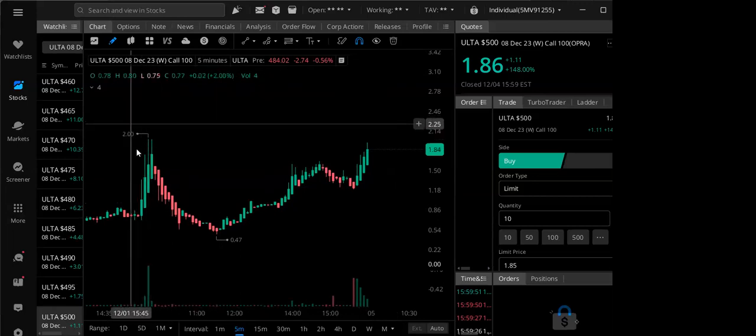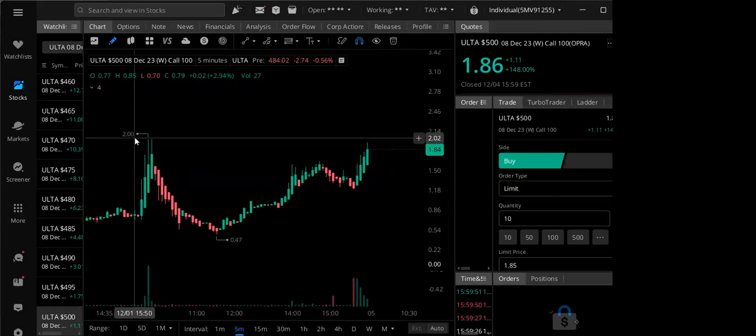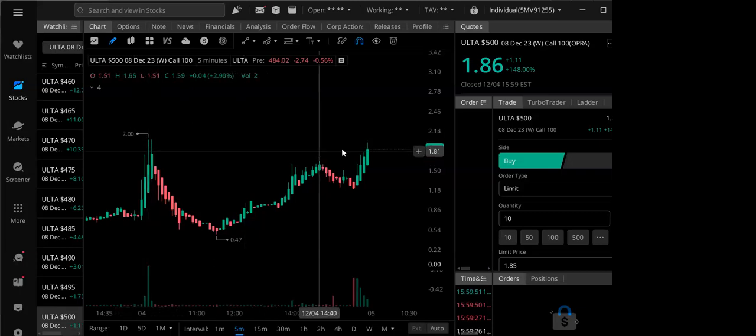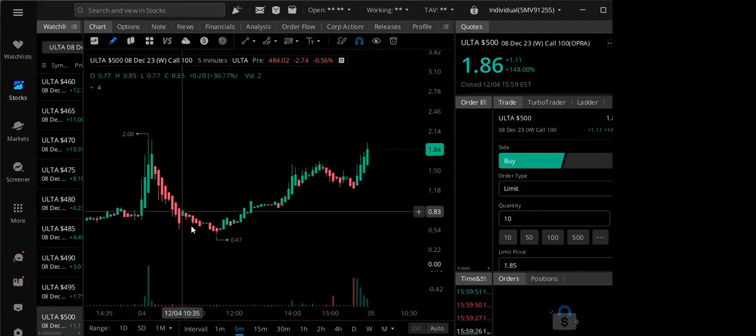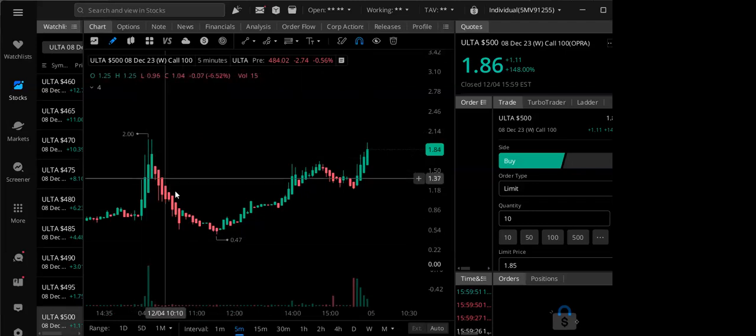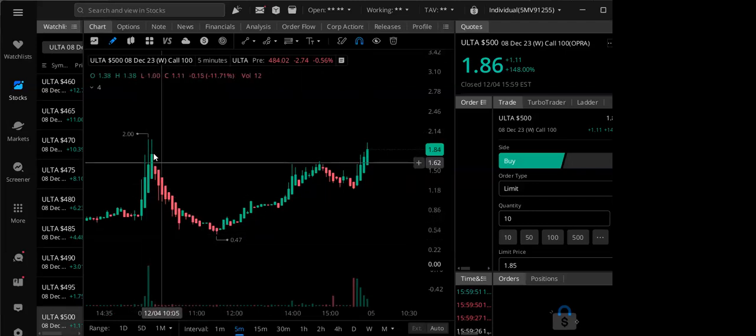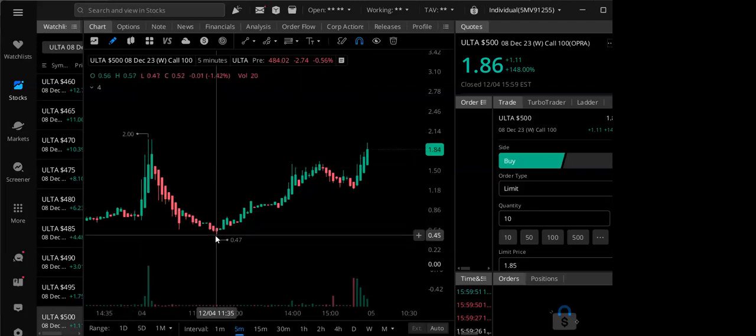But this is giving you an opportunity to anticipate the money you stand to make. It can go to this same level, or it can go slightly lower. But just by looking at this after the pullback, this is the discount you got from $200 to $47.